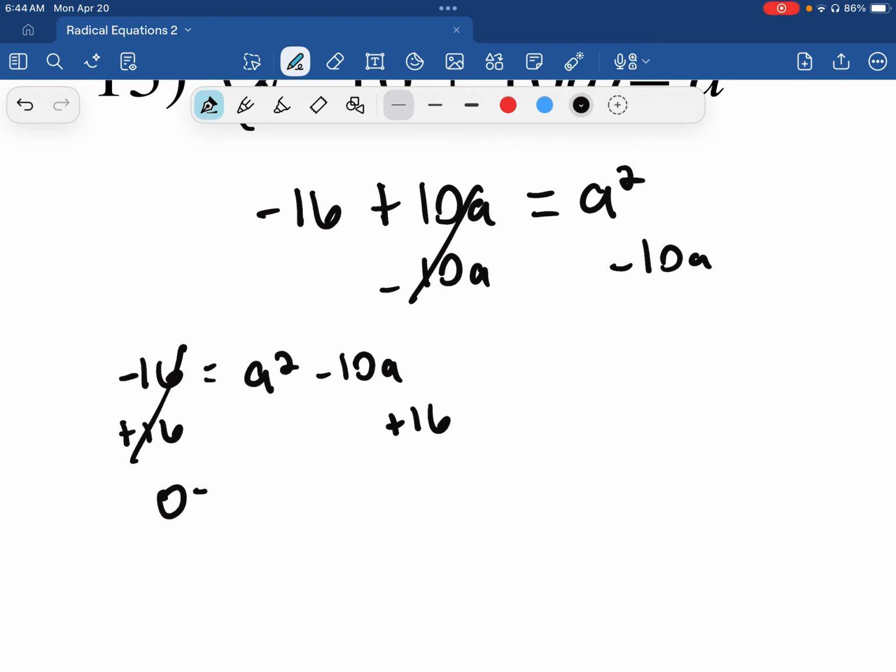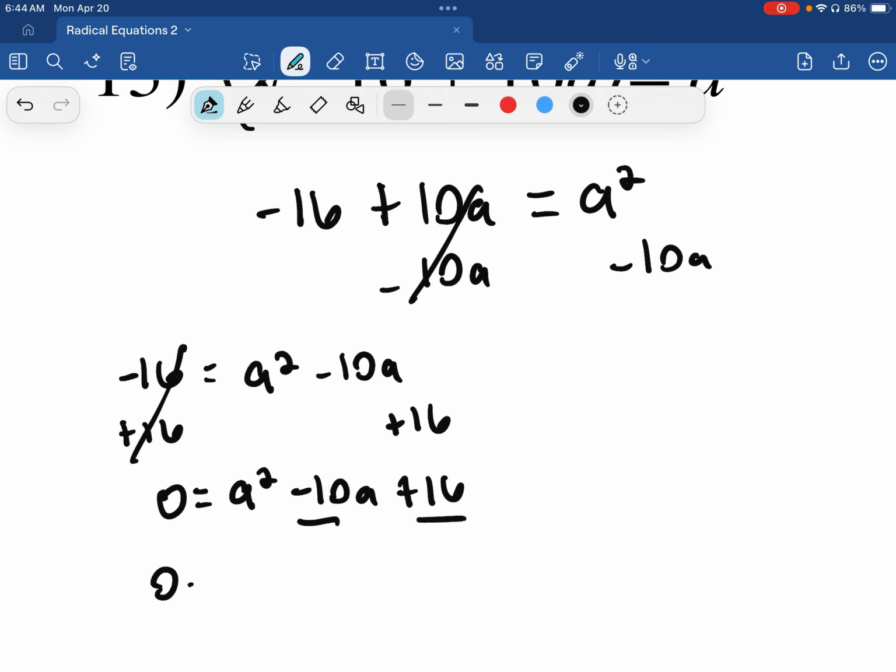This allows us to be in our standard form where we have a squared minus 10a plus 16. Now we're asking ourselves, are there two numbers that when you multiply them together, you get 16, and when you add them together, you get negative 10?